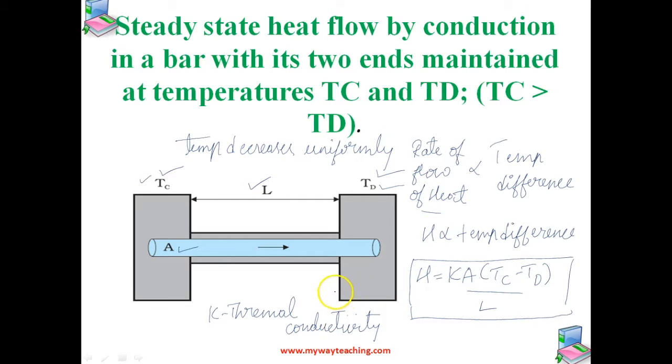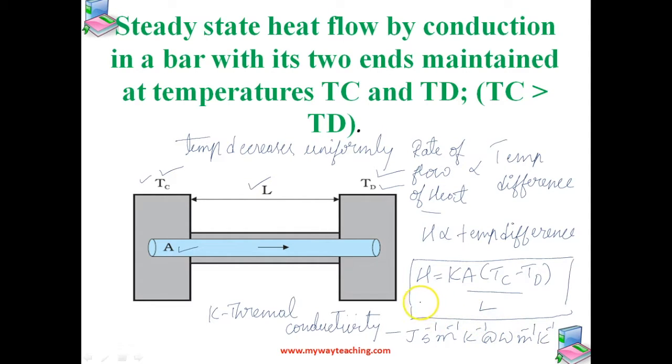The greater the value of K for a material, the more rapidly it will conduct heat. And the SI unit for thermal conductivity is joule per second per meter per Kelvin, or in other words we can write it as W per m per Kelvin.